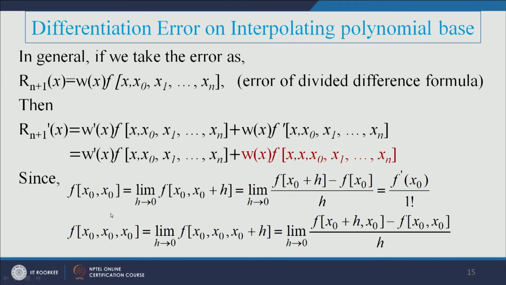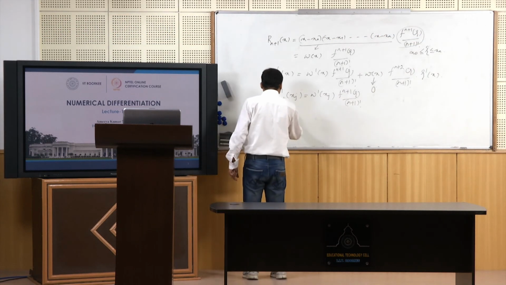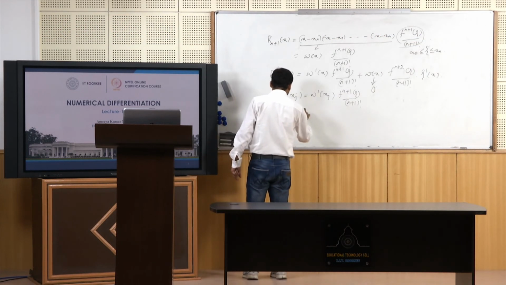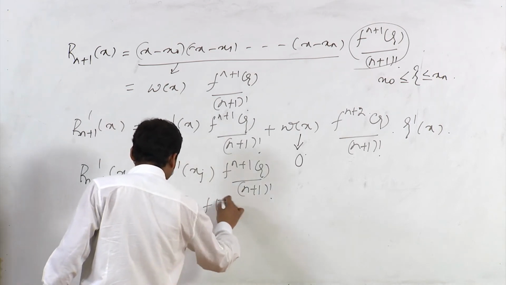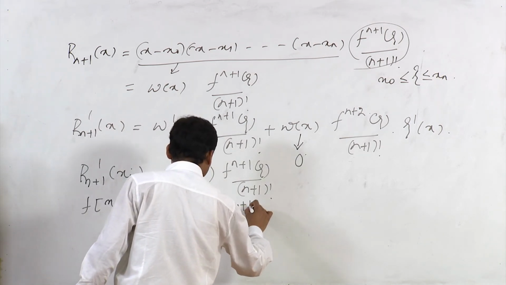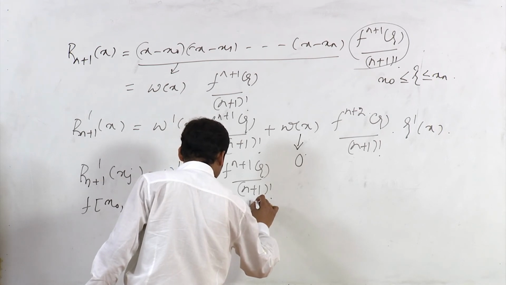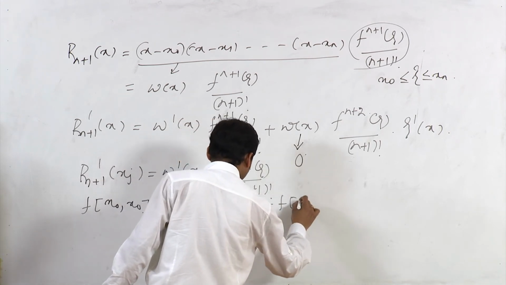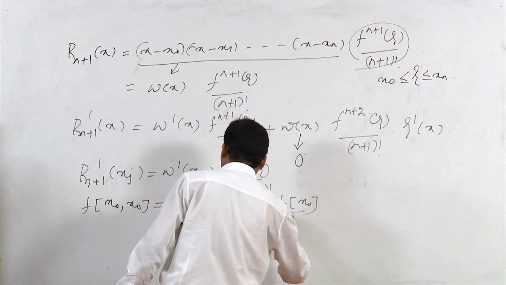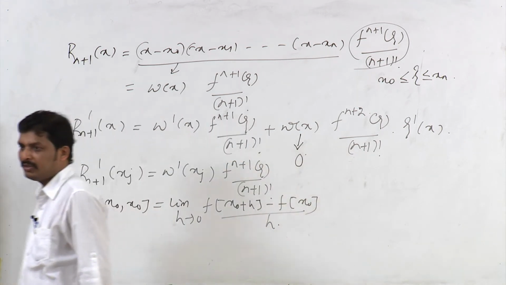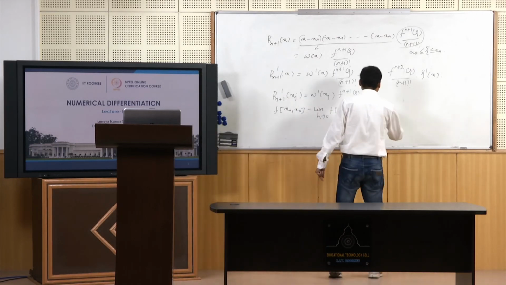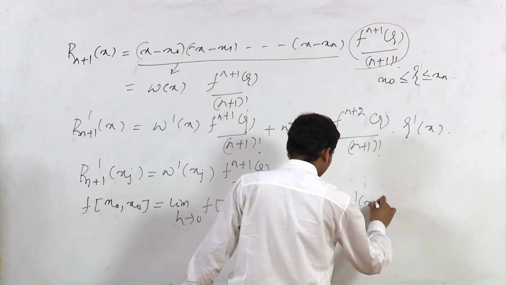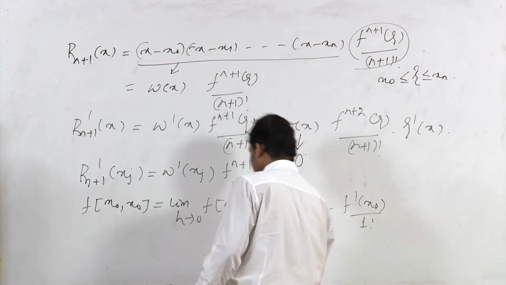If you see here f of x0 x0, usually it is written in the form limit h tends to 0 f of x0 plus h minus f of x0 divided by h here, and obviously this can be written in the form f dash of x0 divided by 1 factorial here.